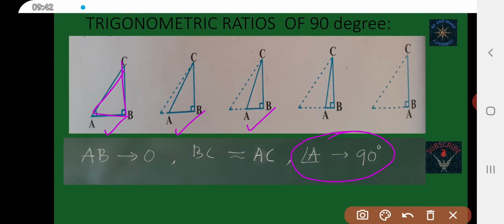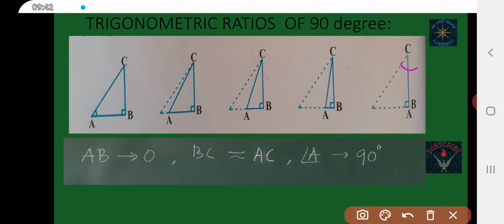As angle A gets larger and larger, angle C gets smaller and smaller.